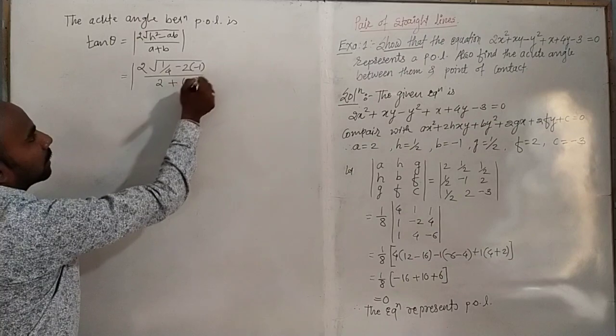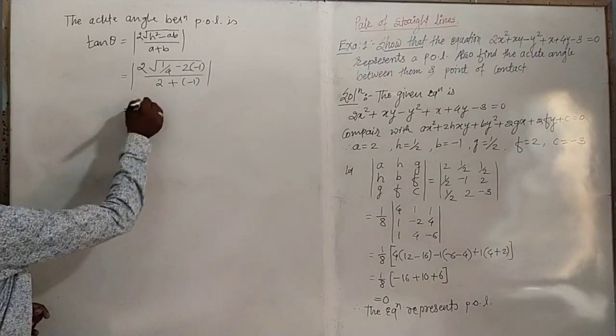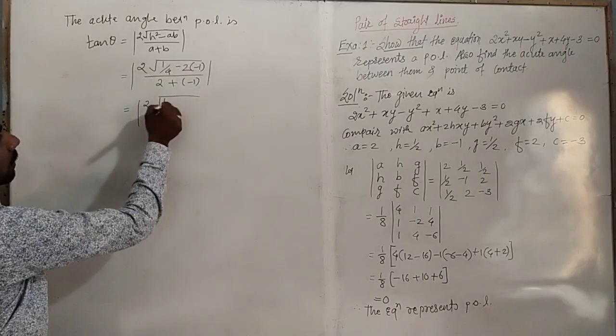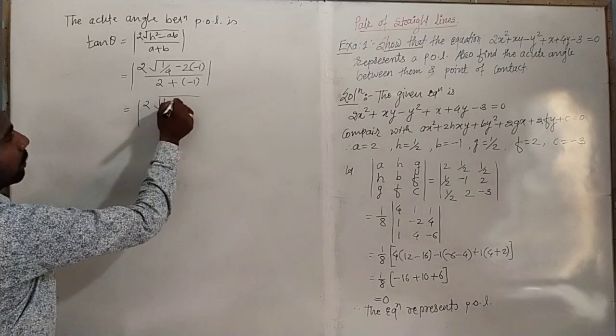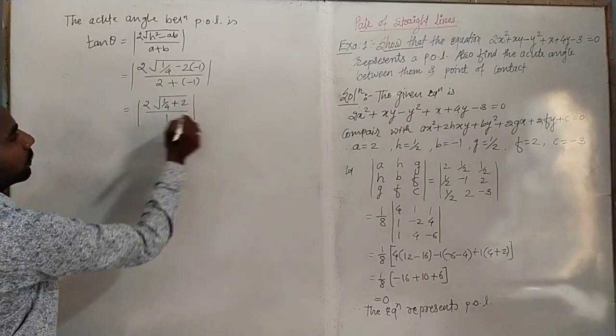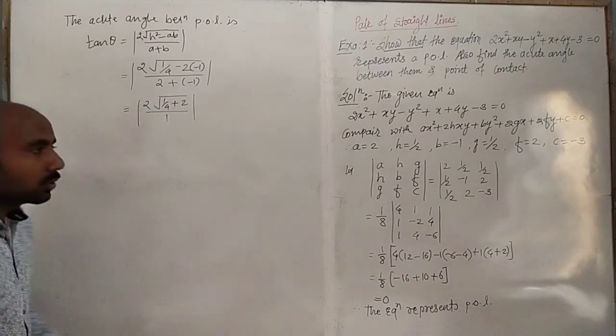So plus minus 1. We solve it, so we get here 2 under root of 1 by 4 minus, minus into minus, plus 2 divided by 1. So 4 2s are 8, 8 plus 1 is 9, so it becomes 9 by 4.